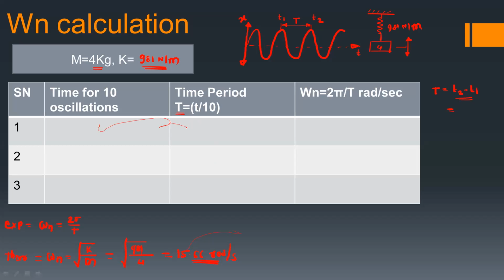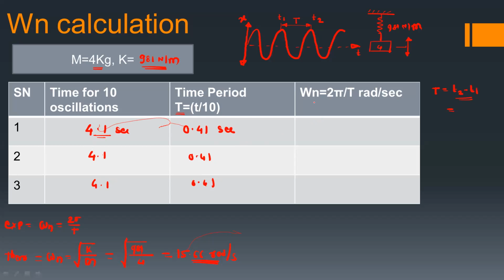The time period that we have got is 0.41 second. Just multiply this, so it is 4.1 seconds, the time for 10 oscillations. It will remain the same, 4.1. This is 4.1, 0.41 and 0.40, so we will not repeat the experiment.